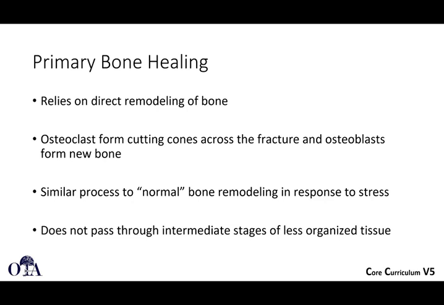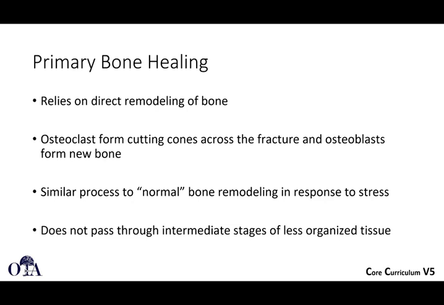And this only happens when you do compression plating and anatomic reduction of a fracture. And then what happens is osteoclasts form these cutting cones that go directly across the fracture, and osteoblasts form new bone. And it's a little bit similar to how bone remodels in response to stresses.